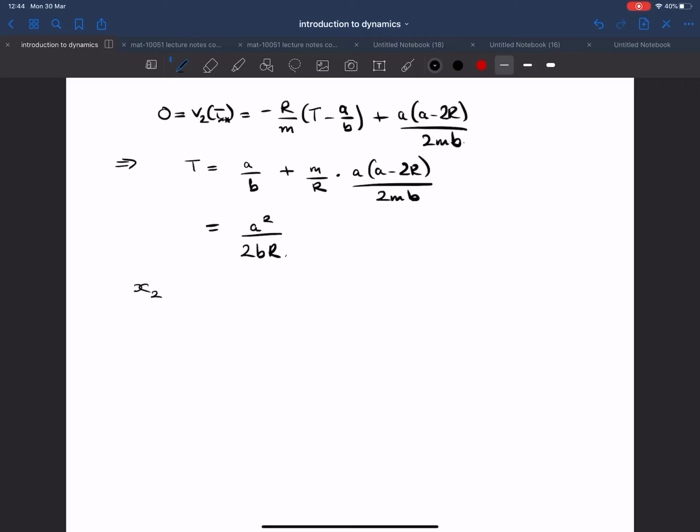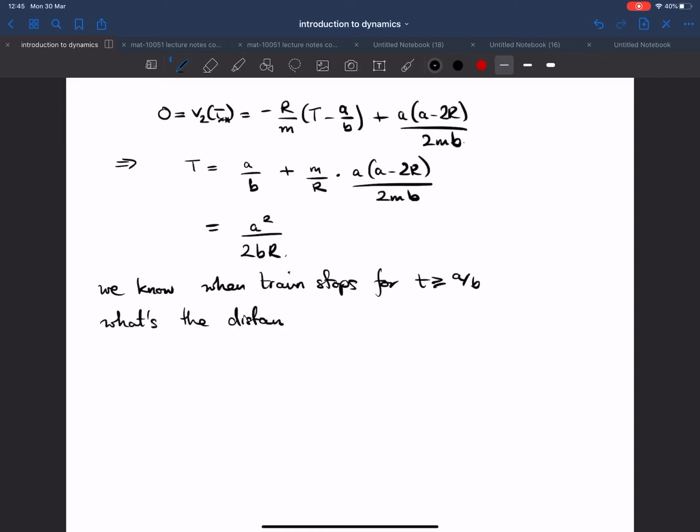And then what? So then you go back to x2. Now we know when the train stops for t greater than or equal to a over b. What's the distance travelled?